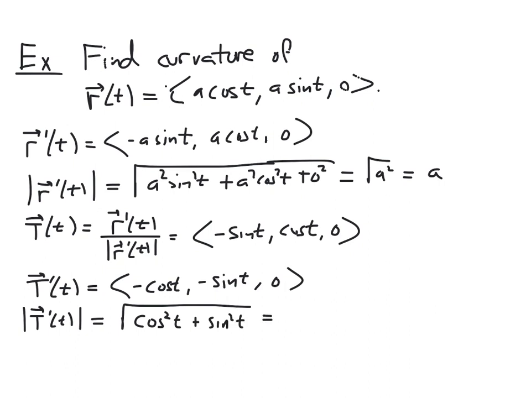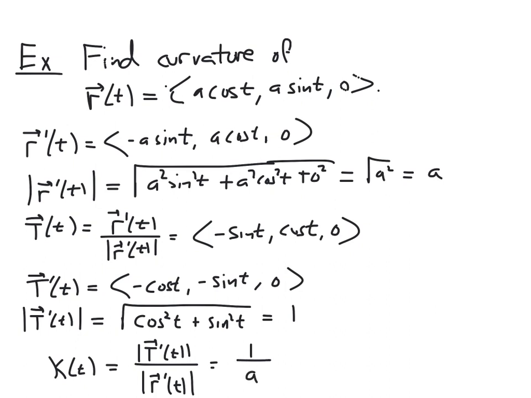And of course, that's the square root of 1, which is 1. And so at the end of the day, we get that kappa at any point t is going to equal the magnitude of T prime divided by the magnitude of r prime. And we've seen these quantities are 1 and a respectively.